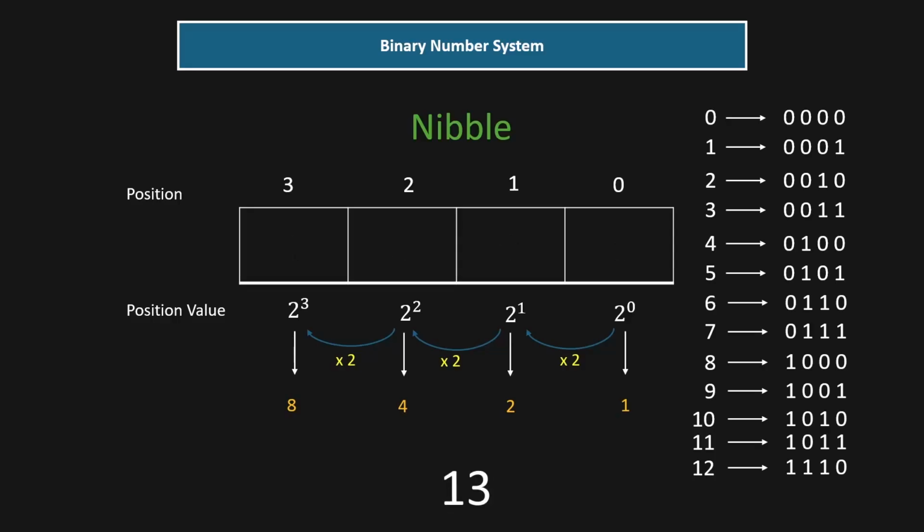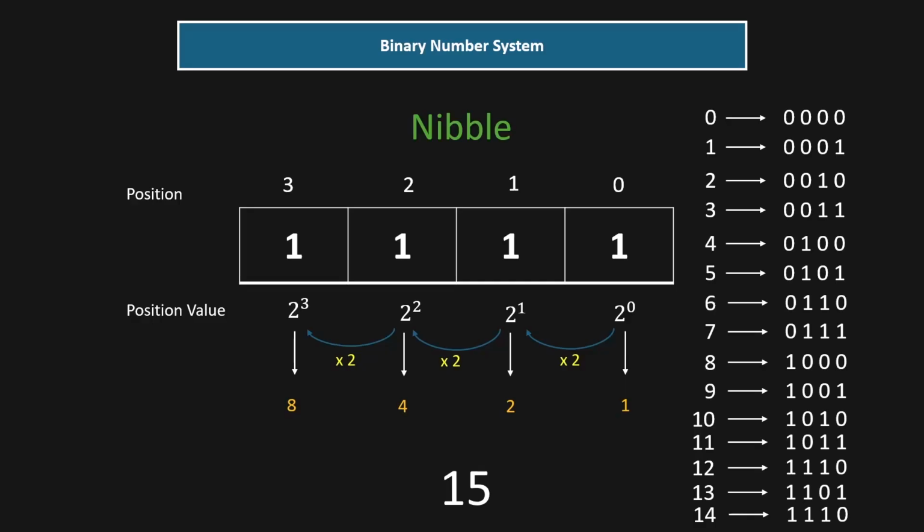In the 13, we have 1 one, 0 twos, 1 four, and 1 eight. Number 14. In the 14, we have 0 ones, 1 two, 1 four, and 1 eight. Number 15. In the number 15, we have 1 one, 1 two, 1 four, and also 1 eight.